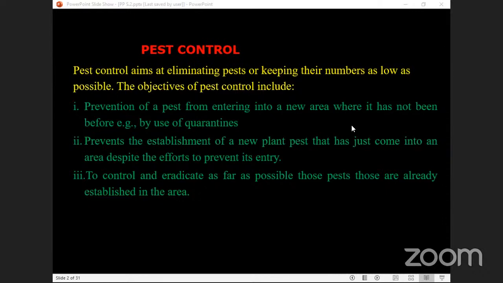The main objectives of pest control include prevention of a pest from entering into a new area, let's say into your garden, where it has not been before. So you prevent their entry. And then the other point says, prevent the establishment of a new plant pest that has just come into an area despite the efforts to eliminate its entry.